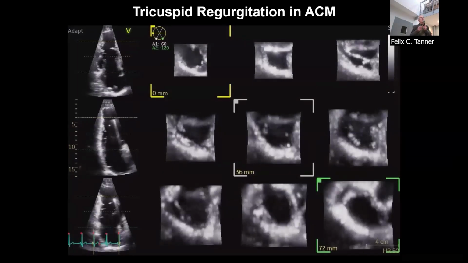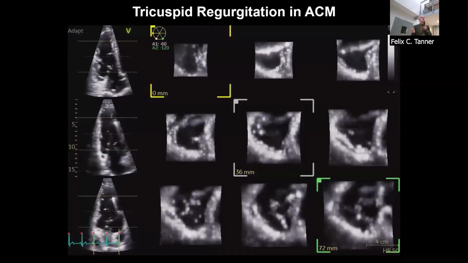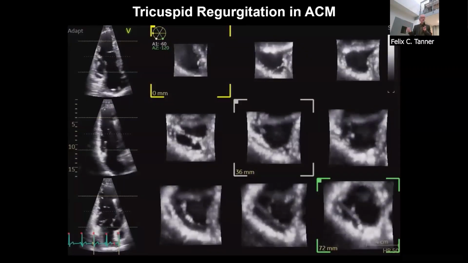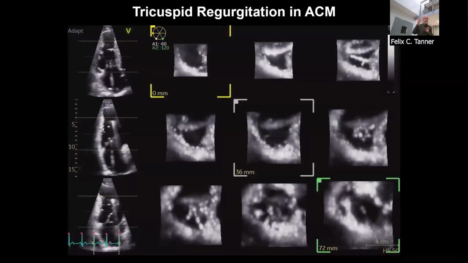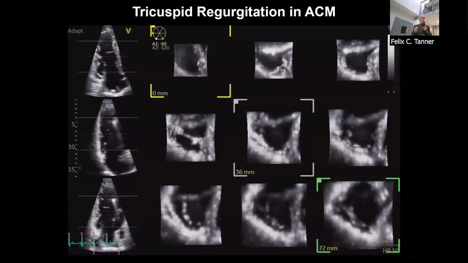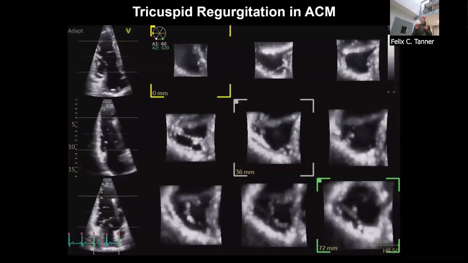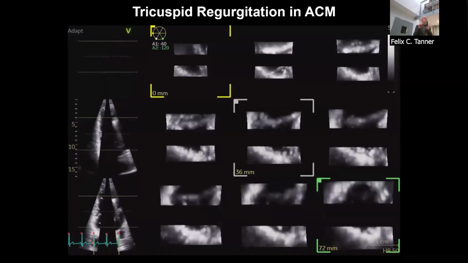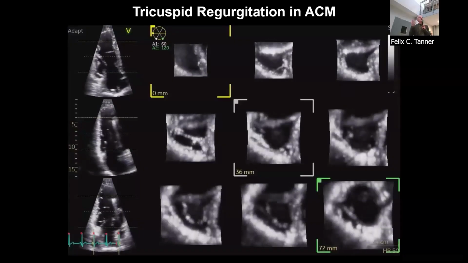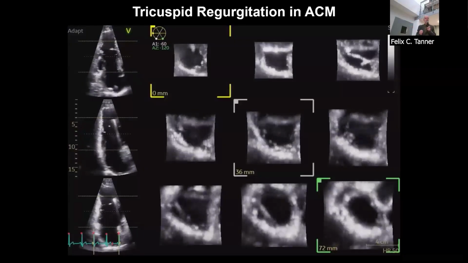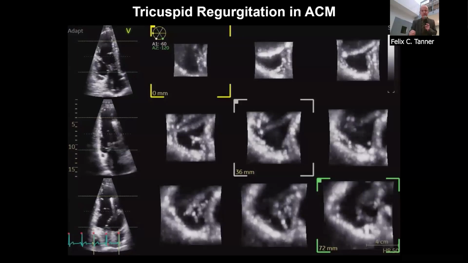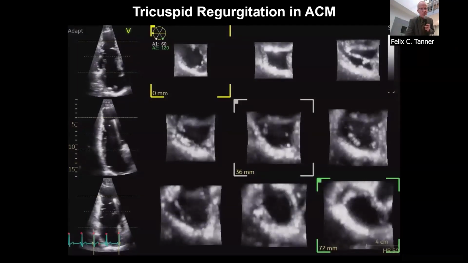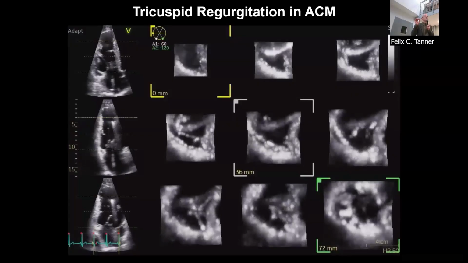This now is even 500 patients, because we could also convince our colleagues in Boston and Baltimore to join us in this effort. So in these 500 patients, in 95% we had a secondary tricuspid regurgitation due to ventricular dilatation and annulus dilatation. In only 5 or 6% it was primary, and in very, very few patients it was the lead of the electrode.